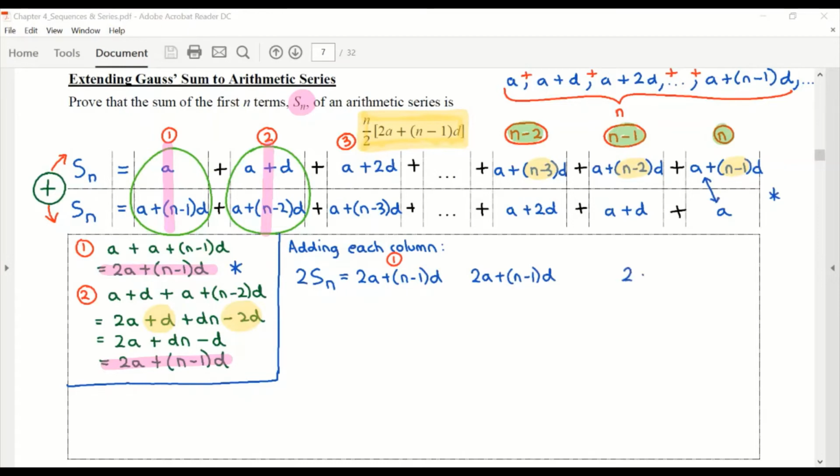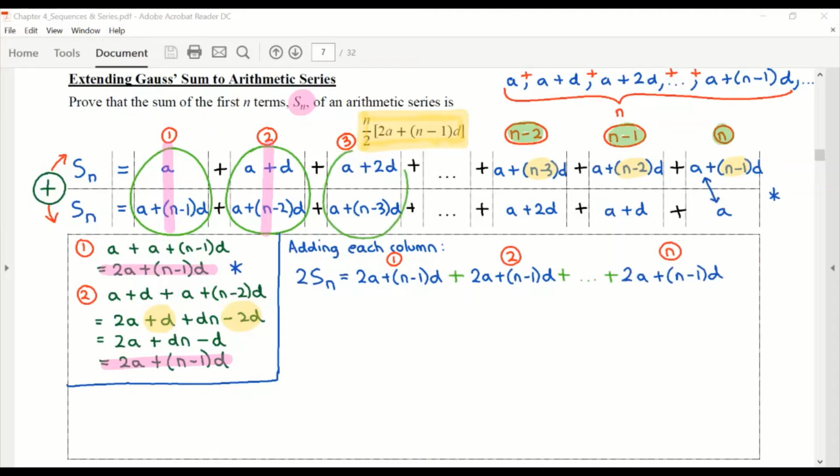So I'm going to have 2a plus n subtract 1d, and I'm just going to put in all the additions. So that's column 2, that's column n. Add, dot, dot, dot, add. So that's all the columns accounted for.